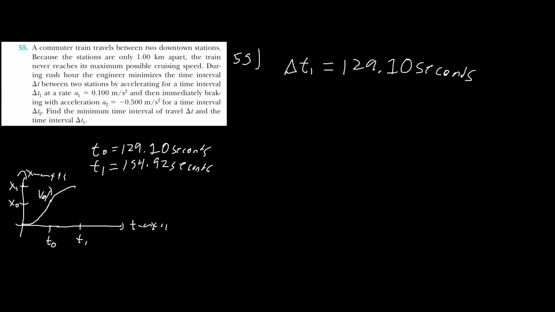And then immediately braking with acceleration for the time interval of delta t2. So that's really the difference between 154 point whatever that is.